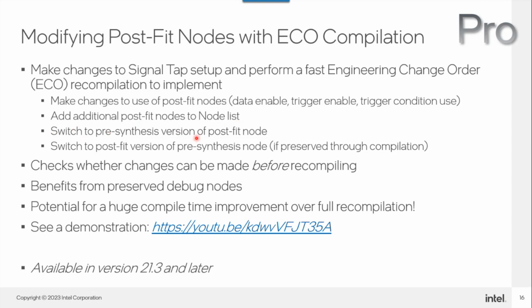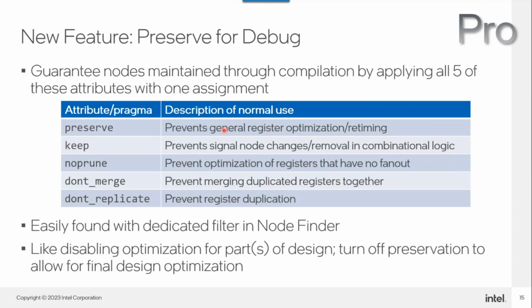You can switch back and forth essentially between the pre-synthesis and post-fit versions of a signal node. Now, why would you want to do this? Well, sometimes you might not have a signal available to you post-fit. Maybe it got optimized away. There is a feature that I also have listed here about preserving for debug to prevent that from happening.